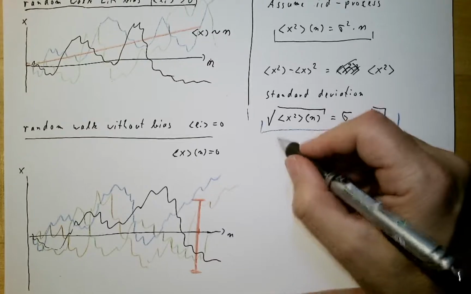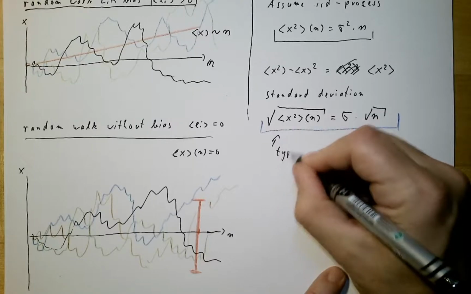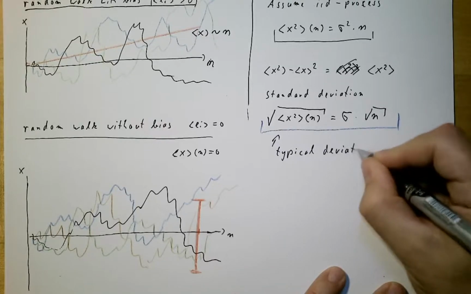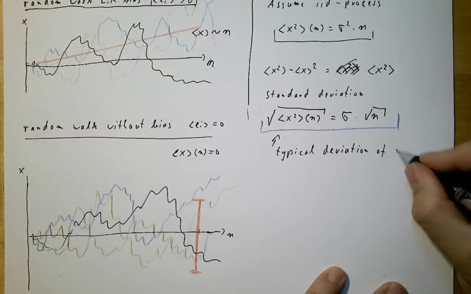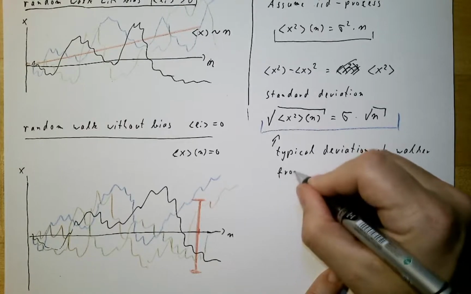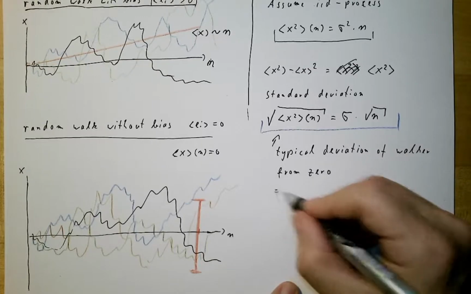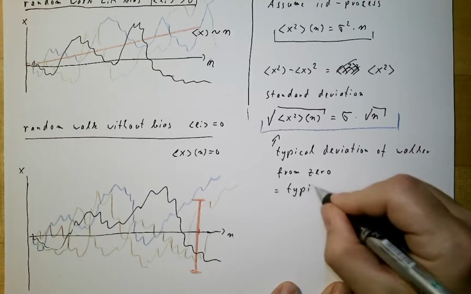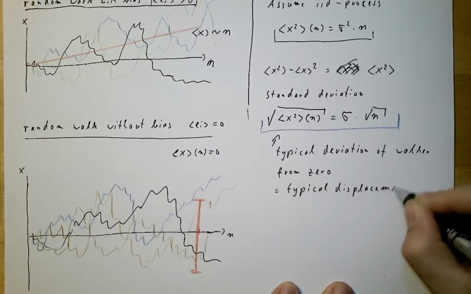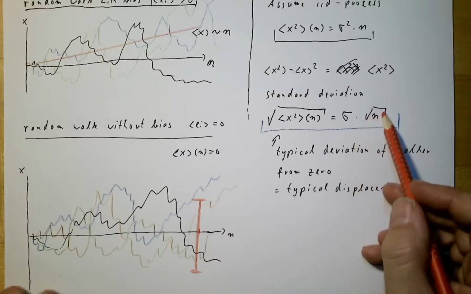So the typical deviation of the walker from zero, which in random walk theory we call the typical displacement, goes with the square root of n.